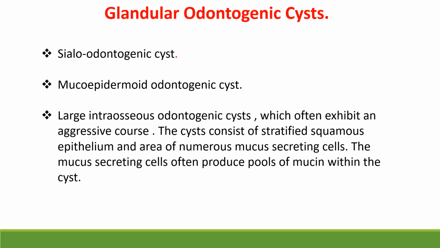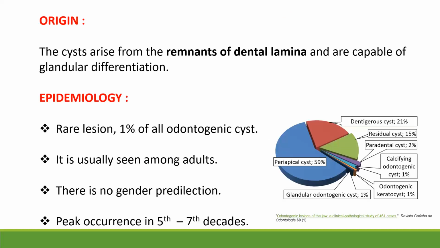The cyst consists of stratified squamous epithelium and the area of numerous mucus secreting cell. The mucus secreting cell often produce pools of mucin within the cyst. Its origin: it arises from the remnant of dental lamina and is capable of glandular differentiation.